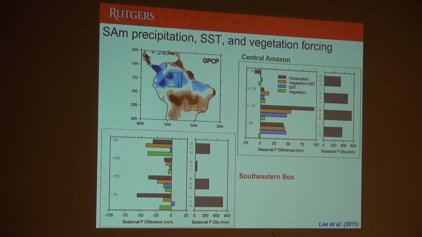You see across the seasonal cycle in all of the experiments a reduction in precipitation. So both the sea surface temperature trend and the vegetation trend are acting to reduce rainfall. But if you normalize the rainfall reduction by how much is falling in a particular season, given that these are highly seasonal climates, you actually find that the biggest impact on a percentage basis is during the dry season.